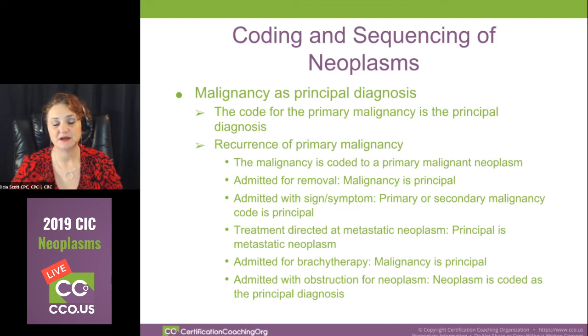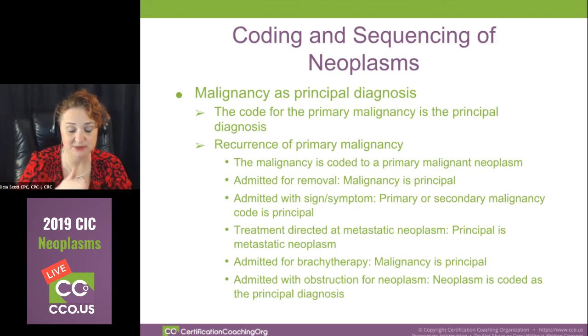Sometimes you have signs and symptoms, and we need to know, is it the primary or the secondary malignancy that is being checked on? That's going to give us the code that we're going to code first. Where is the treatment for the malignancy being directed?